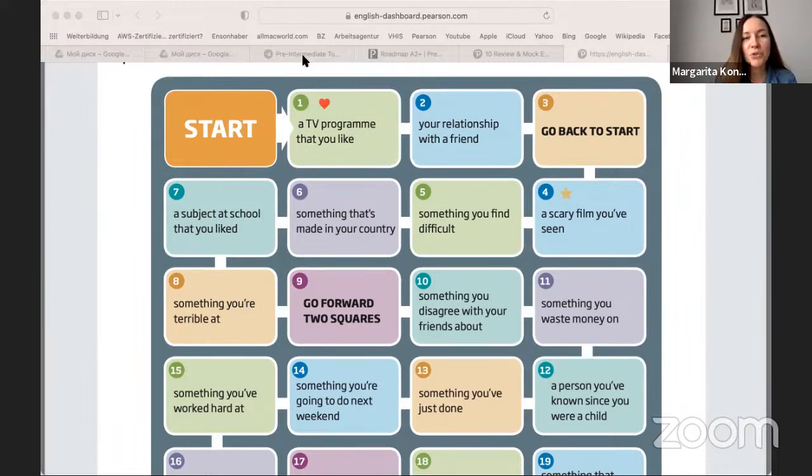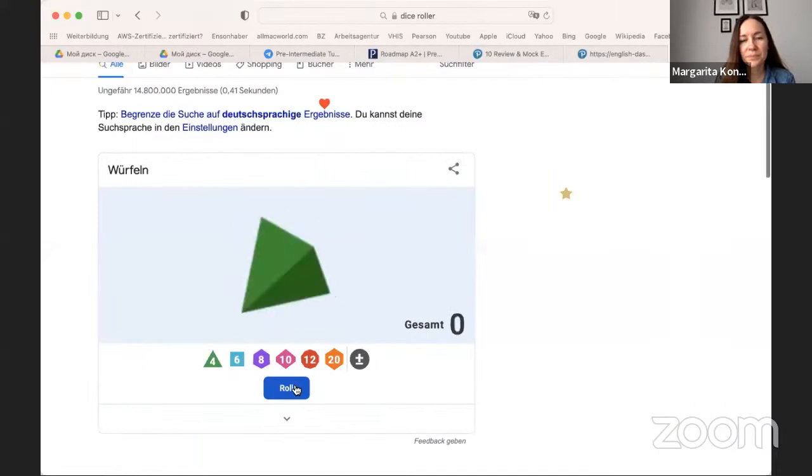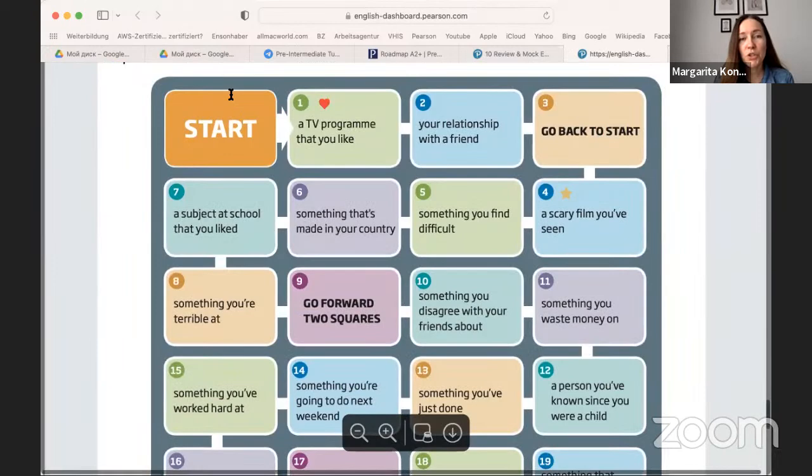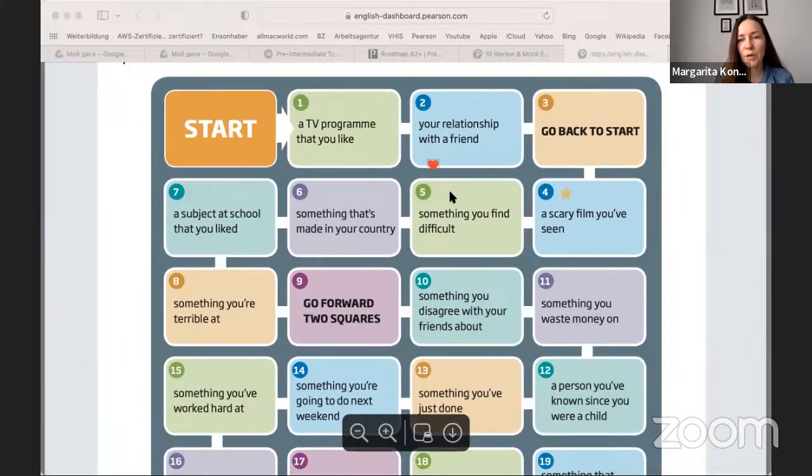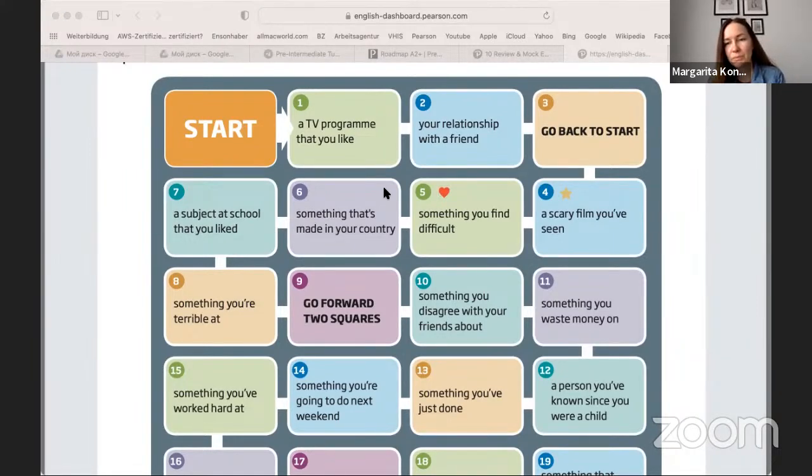So let's roll the dice for you. Also 4. That means you'll go to number 5. Something you find difficult. Tell me about something you find difficult.